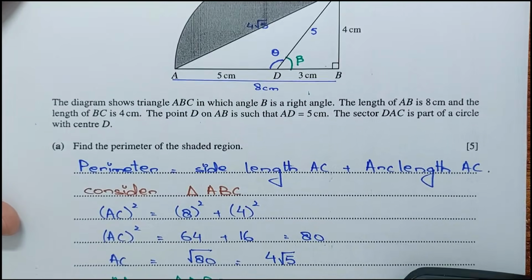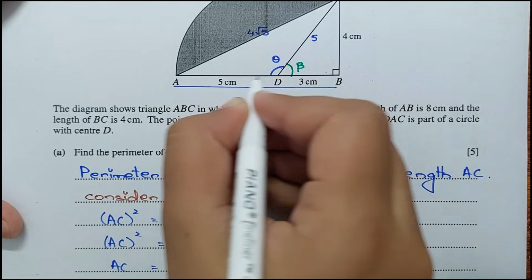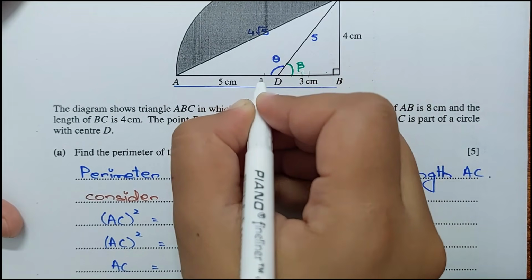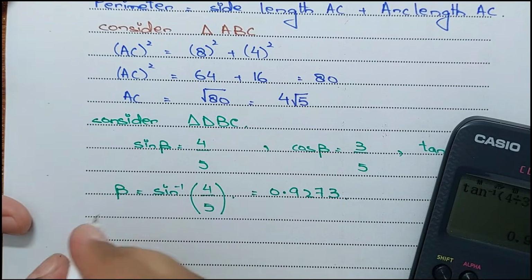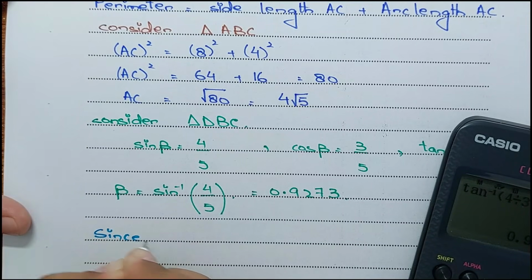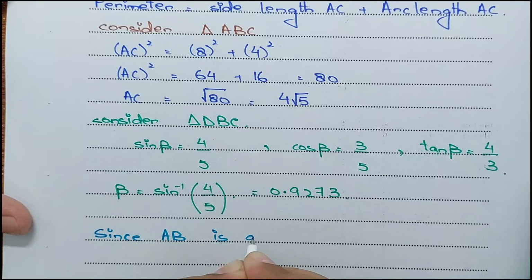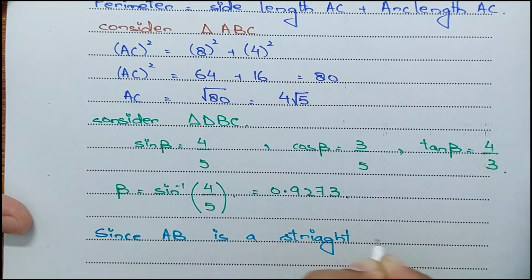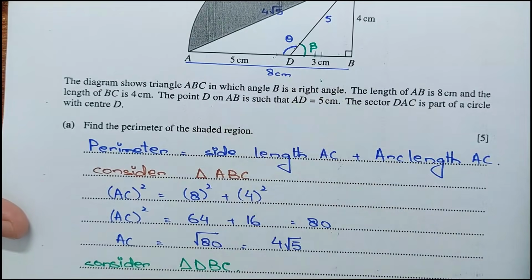Now, as we know, AB is a straight line, so the sum of these angles is equal to 180 degrees, or pi, since I'm using radians. So when AB is a straight line, their angle sum should be equal to pi.